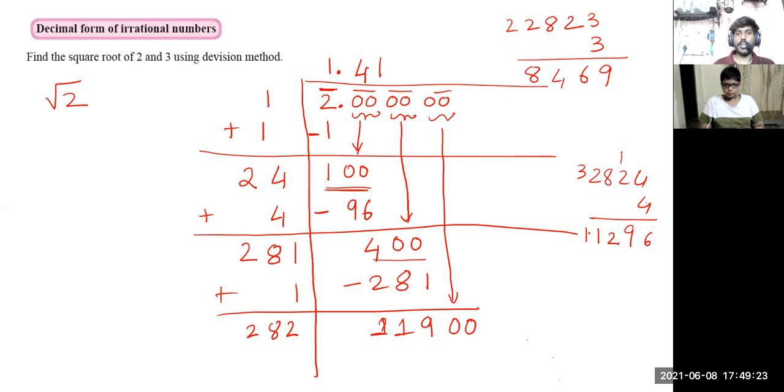So 11296. We'll take this only, because if you multiply it with 5, it will be very big, bigger than 11,000. So we'll take 4. So 4, 4, here also 4, and here 11296. Your addition, your subtraction. So this becomes 2828.